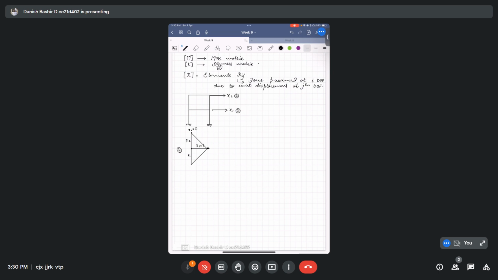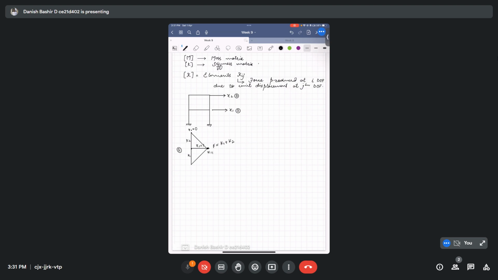It will give us K11, the force produced at this degree of freedom. We are giving the displacement at this degree of freedom, so the force produced is F equal to K1 plus K2.